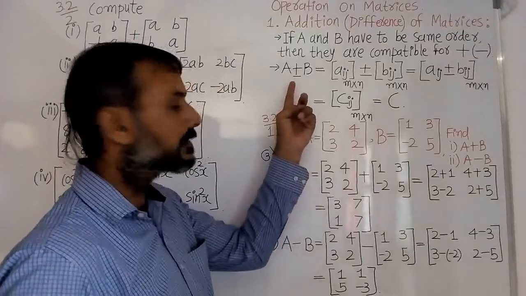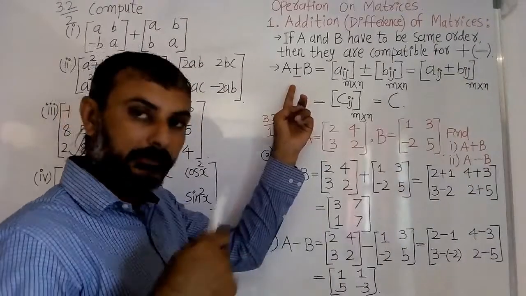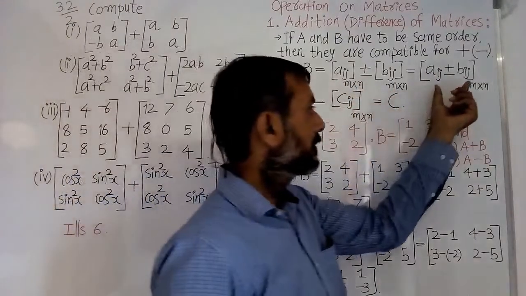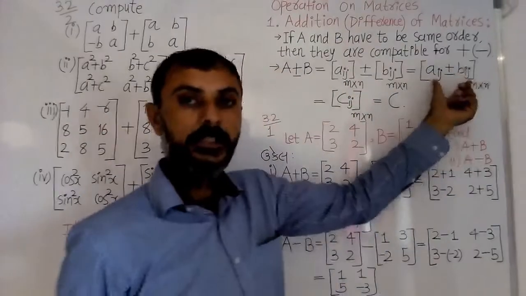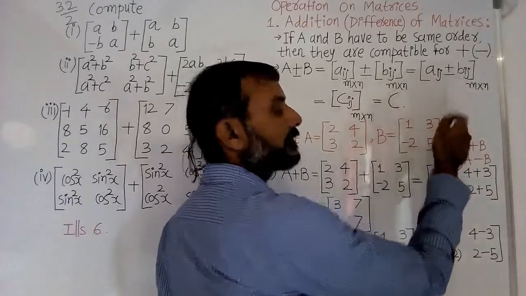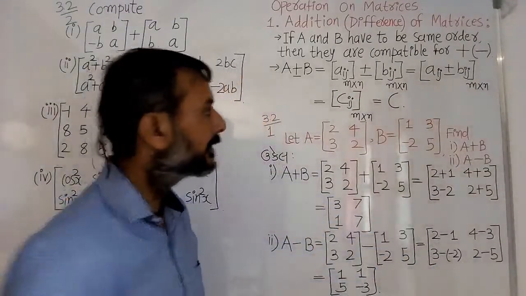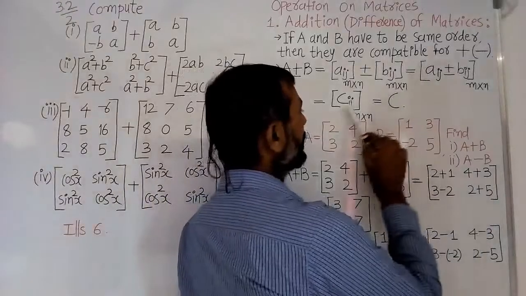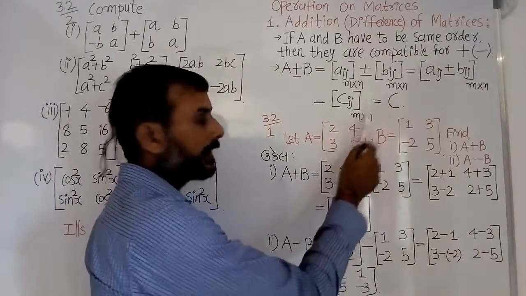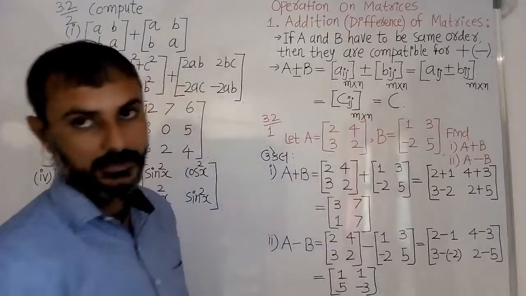We write plus or minus, whatever the required operation. Finally the element will be Aij plus or minus Bij. We add corresponding elements and the order is m by n. The obtained element is Cij of order m by n and the matrix is C.